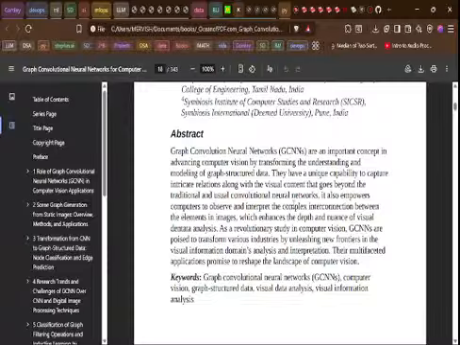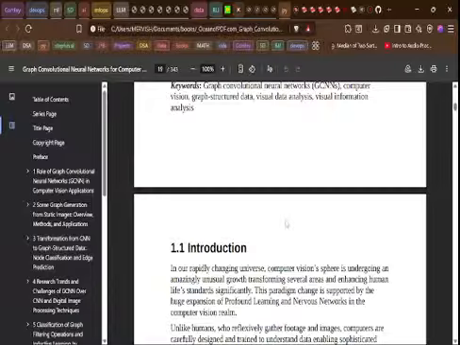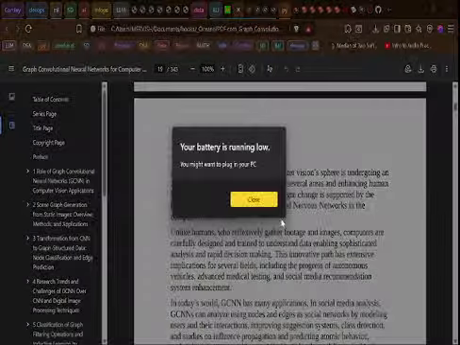As revolutionary as they are, graph convolutional networks are poised to transform vision industries and unleash new frontiers in visual information analysis and interpretation. The multifaceted applications promise to reshape the landscape of computer vision. Keywords: graph convolutional neural network, computer vision, graph-structured data, visual data analysis, visual information analysis. Introduction. Rapidly.